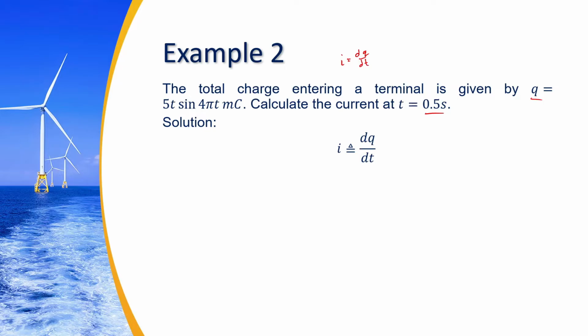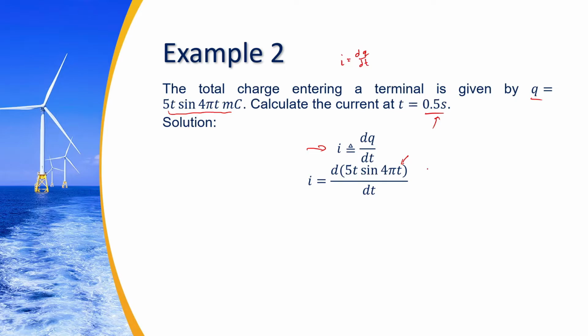Okay? So, that's right, meron tayong equation na iyan. Kapag sinubstitute natin yung given natin na charge na 5t sine 4 pi t dito sa equation, we can solve for the derivative ng equation na iyan. Itong 0.5, hindi pa natin magagamit, kasi tandaan natin na yung given natin is naka-perspective sa time, kaya siya muna yung dapat nating i-derivative.